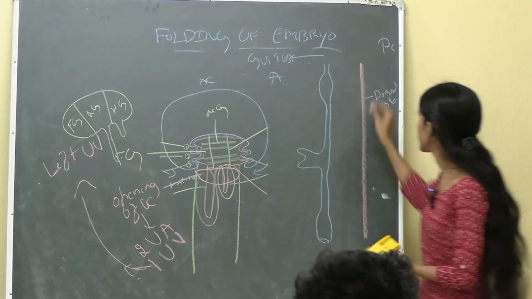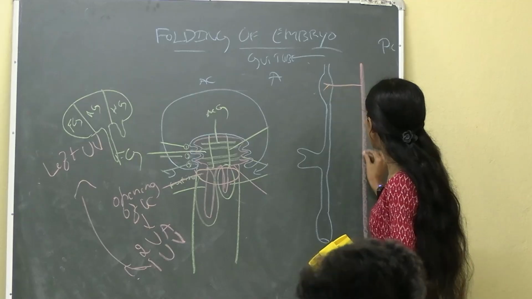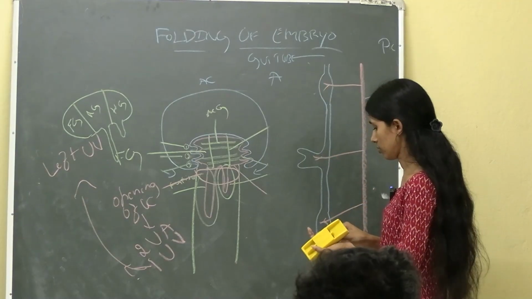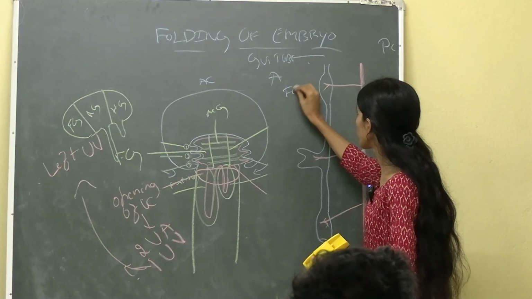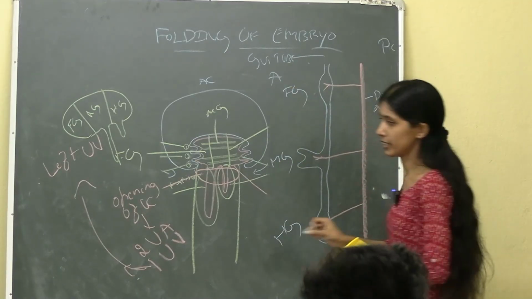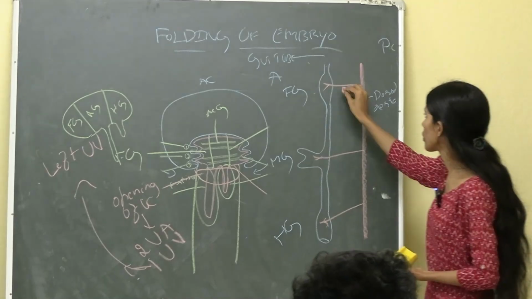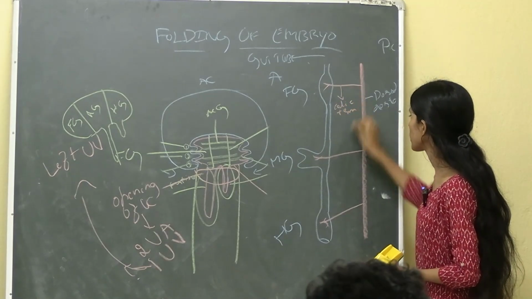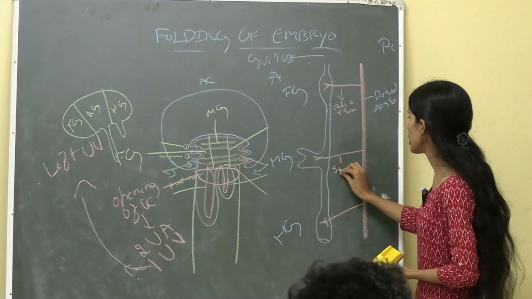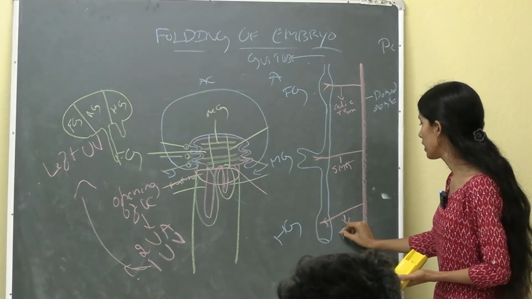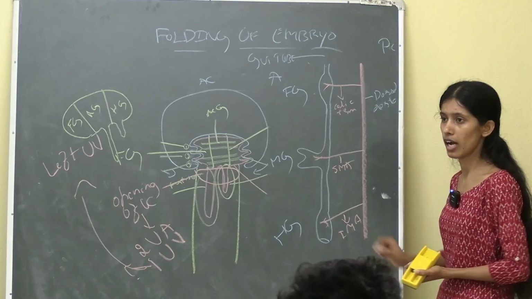Okay. So this is your foregut, this is midgut and this is hindgut. Your foregut is supplied by celiac trunk, the midgut is supplied by superior mesenteric artery and the hindgut is supplied by inferior mesenteric artery.